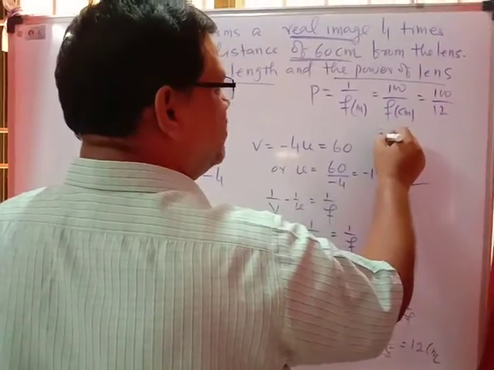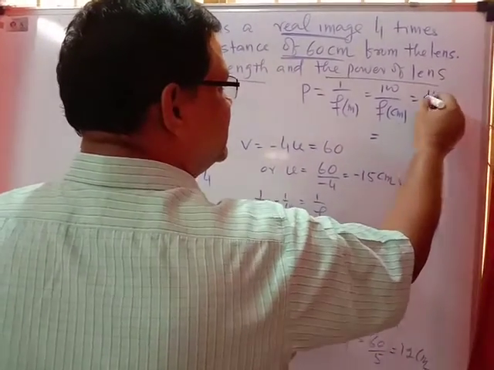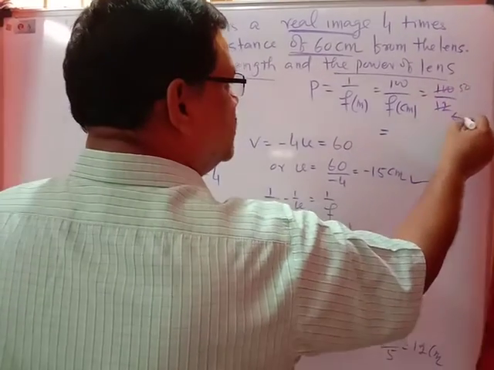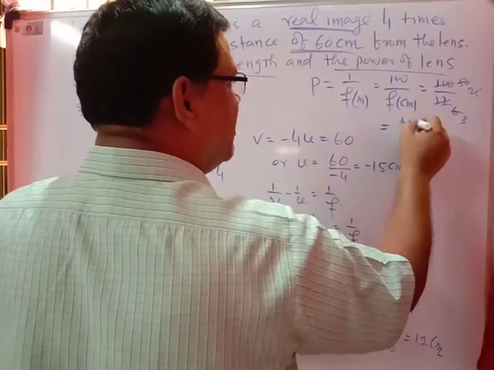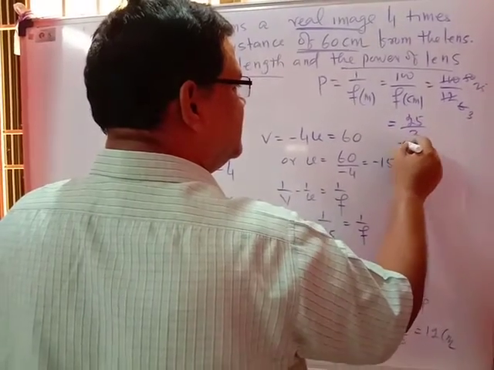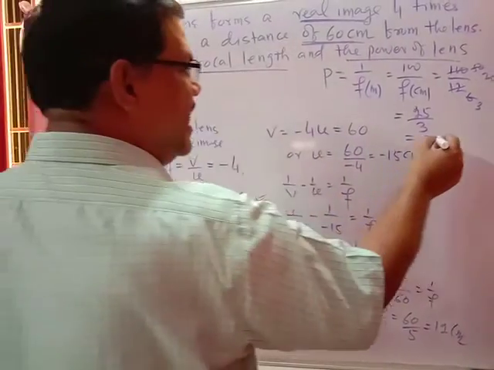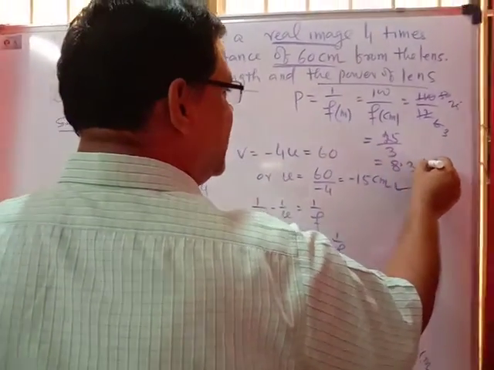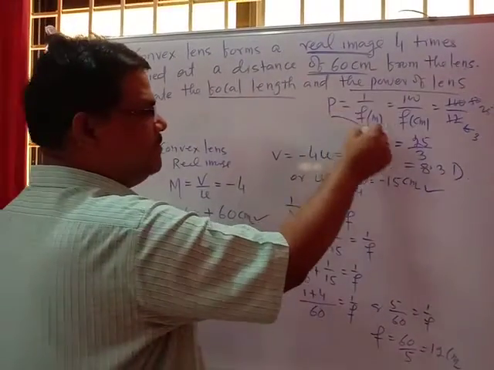Cutting it, this will be equal to 25 upon 3, that is 8.3 diopter. So power of the lens is 8.3 diopter.